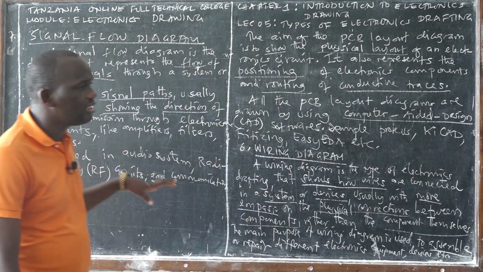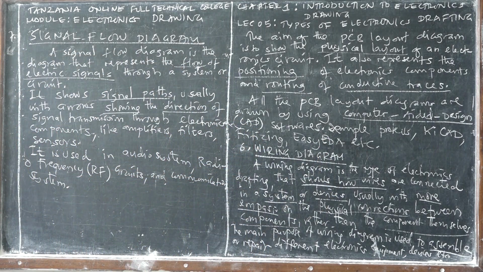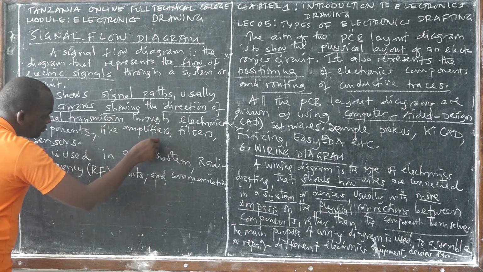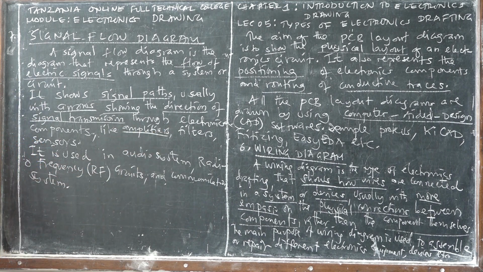When you talk about signals, they are signals processed by electronics components. In most cases, we say that they're in electrical form. Users usually use arrows, showing the directions of the signal transmission through electronic components like amplifiers, filters, and sensors.